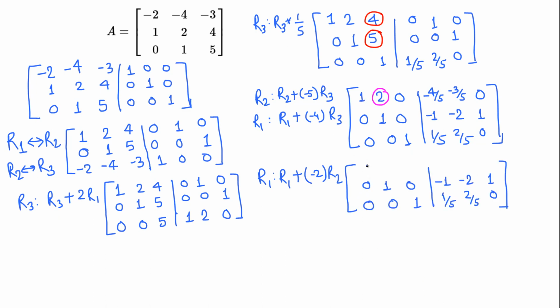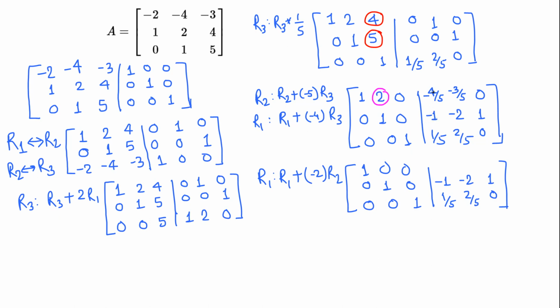So this is 1 because negative 2 times 0 is just 0 plus 1 is 1. Oh, we are using R2, my bad, but 0, 1, this 1 anyways. Negative 2 plus 2, 0, 0, 0, 0. We are multiplying by negative 2, that makes positive 2.